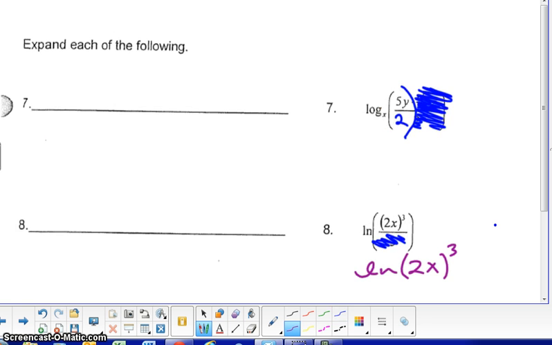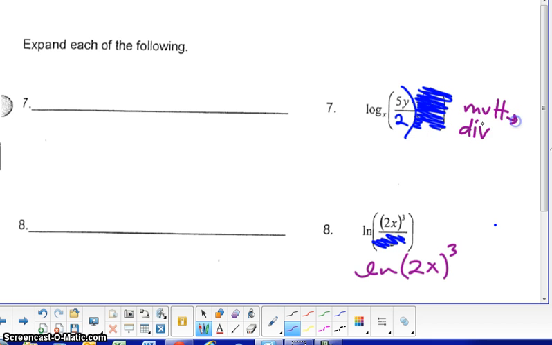The next two I want to simplify a little bit. For the first one, log base x of 5y over 2, and number 8, simply just get rid of the 5 that's on the bottom. So it would be natural log of 2x to the third. Okay, so number 7, you can see in the problem where there's multiplication and division.